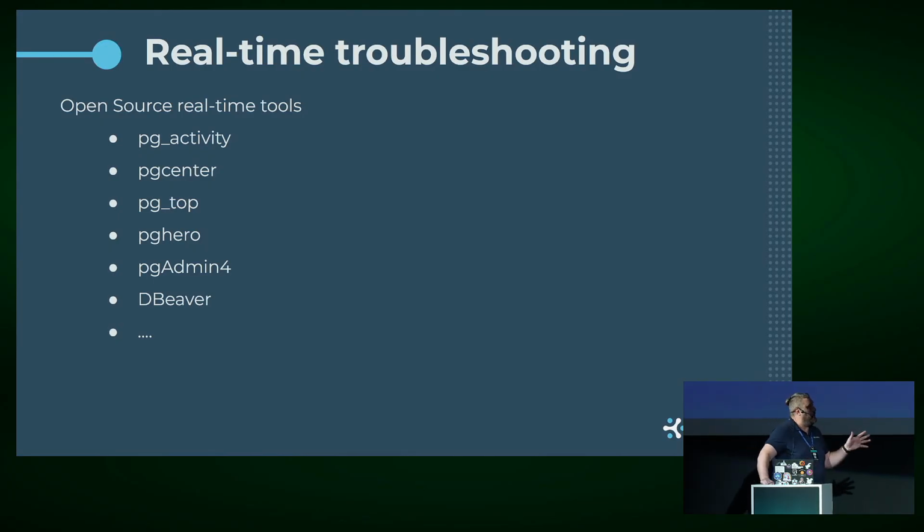For that, we have a lot of open source real-time tools, like pg_activity, pgcenter, pg_top. pgAdmin 4 is the GUI. DBeaver is another GUI, made not by the Postgres community, but for different databases.